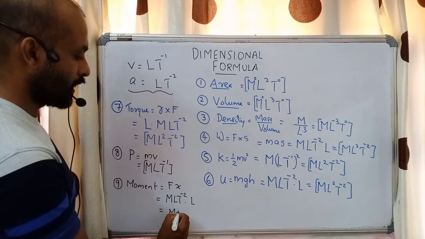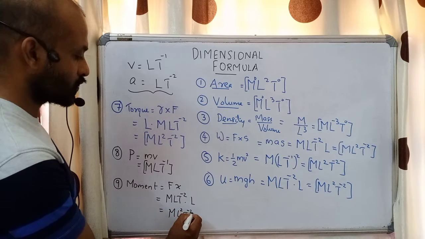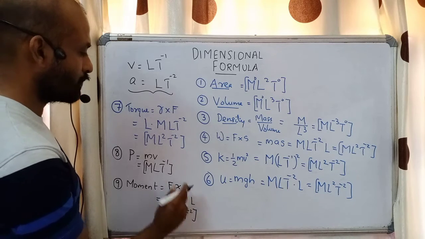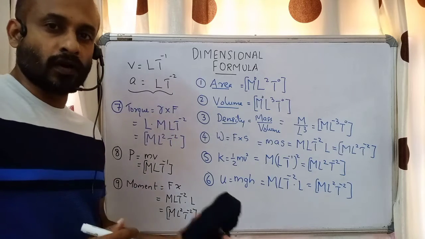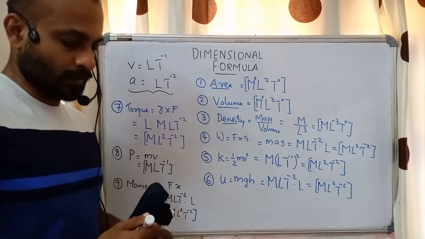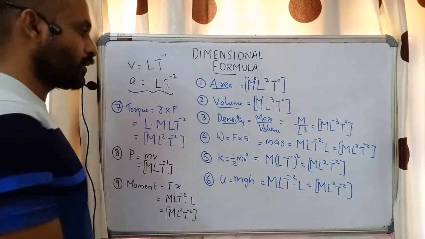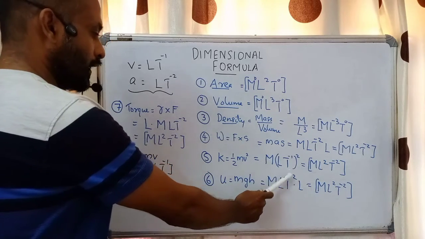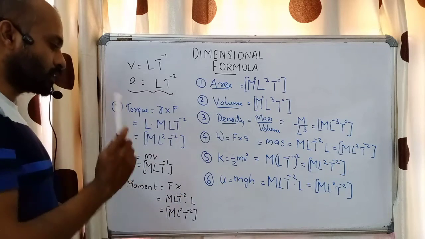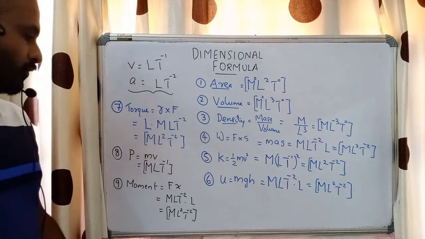You will get M L square T raised to minus 2. This also has the same dimension formula as that of work, energy, torque. Okay, so there are many physical quantities having the same dimension. You have seen here work, kinetic energy, potential energy, torque. Then moment also has the same dimensional formula.